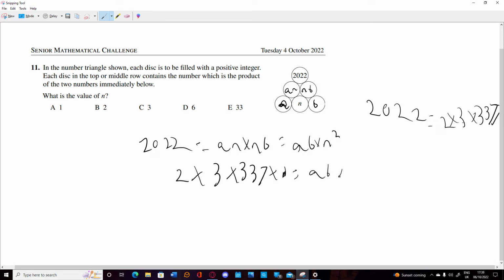It's AB times n squared, and since these are all integers, the only way for there to be a square number is if the square number is 1, because there's no other factor of 2, no other factor of 3. Each prime factor appears 1 time, hence n must equal 1.